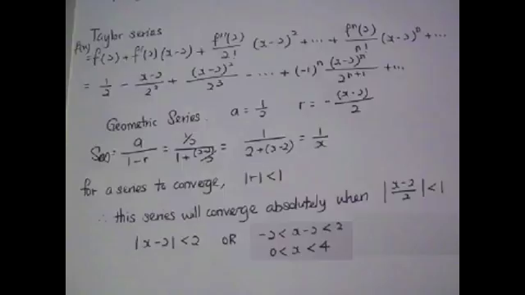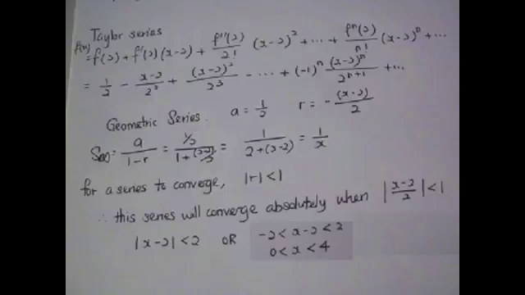For a geometric series to converge, the modulus of r should be less than 1. Thus, we can conclude that this series will converge absolutely when the modulus of (x minus 2) over 2 is less than 1.